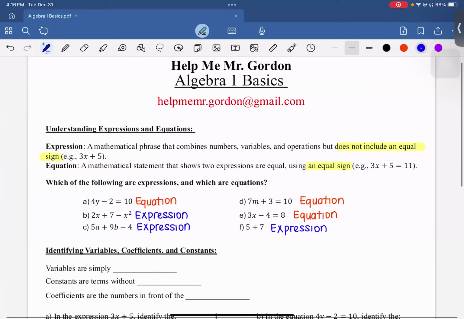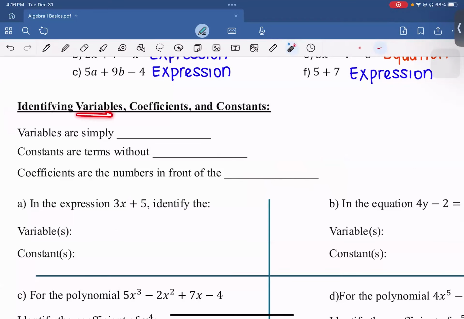Looking good so far. Next up, we want to know what variables, coefficients, and constants are. We may have learned this in our classes already, but just to review, variables are simply letters. I'm going to fill in the blanks here. Letters. Anytime you see a letter, that is a variable.